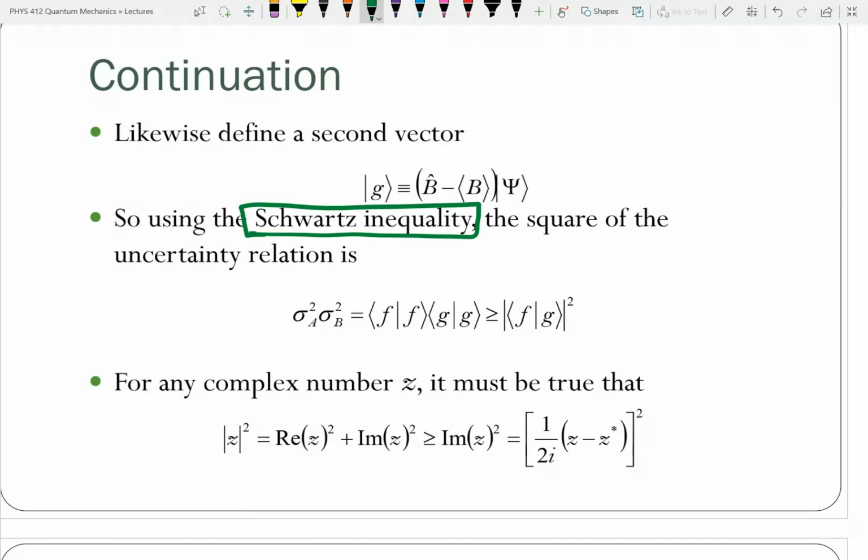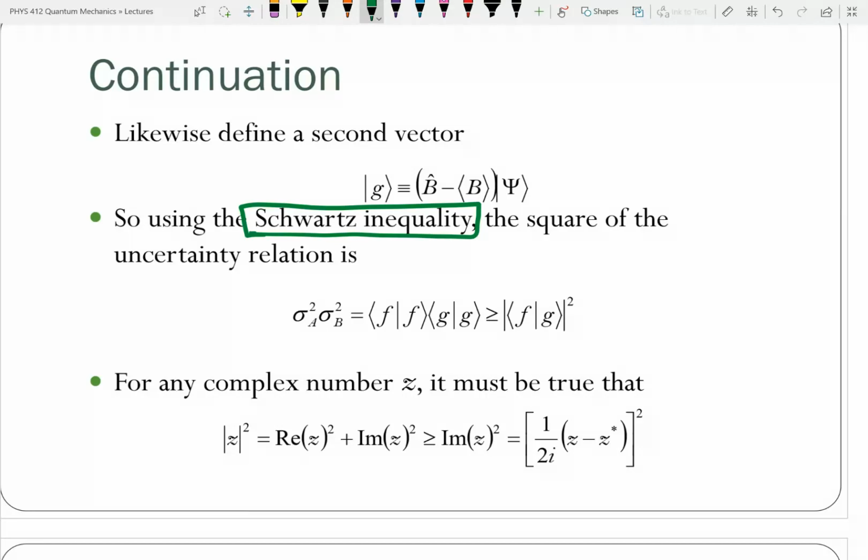But the Schwarz inequality, since you've got the book out there, if you look there, it's equation 3.7, says that for any functions f and g, the absolute value of the integral of f star g is always going to be less than or equal to the square root of the integral of f mod squared times the integral of g mod squared. That's the Schwarz inequality.